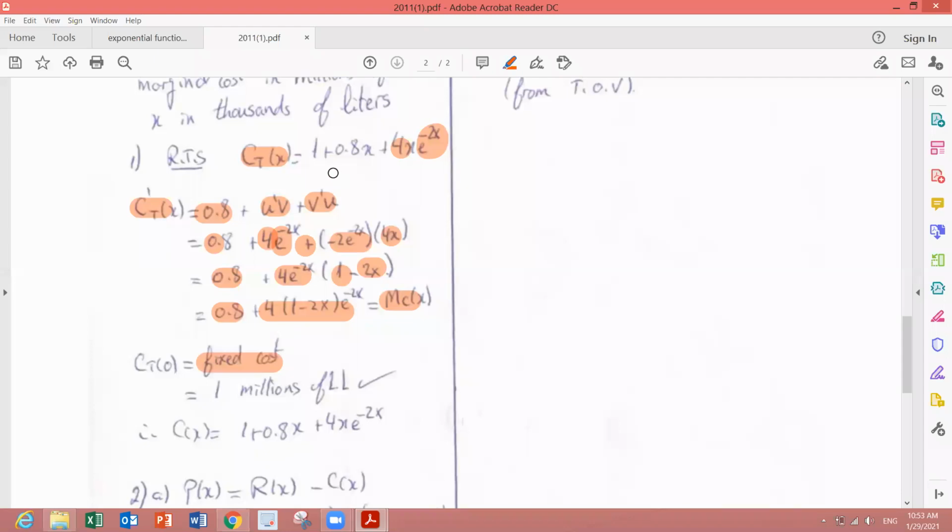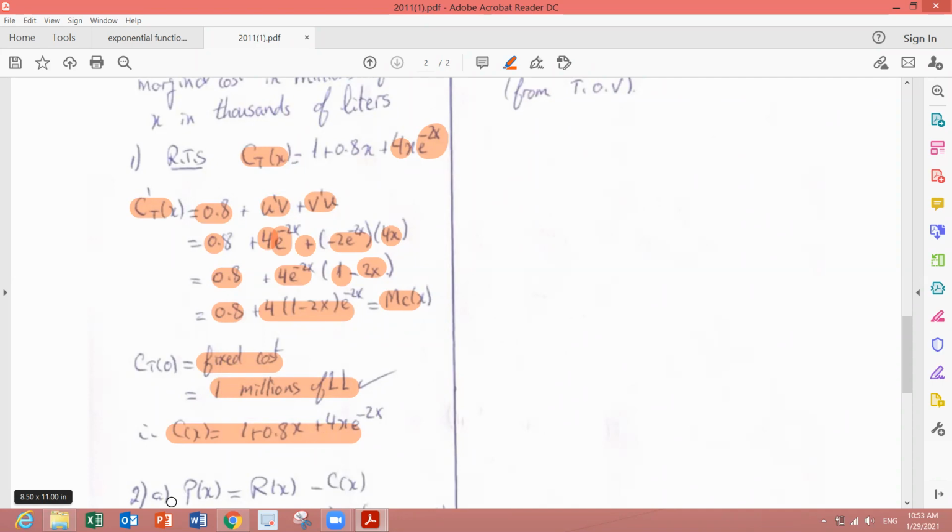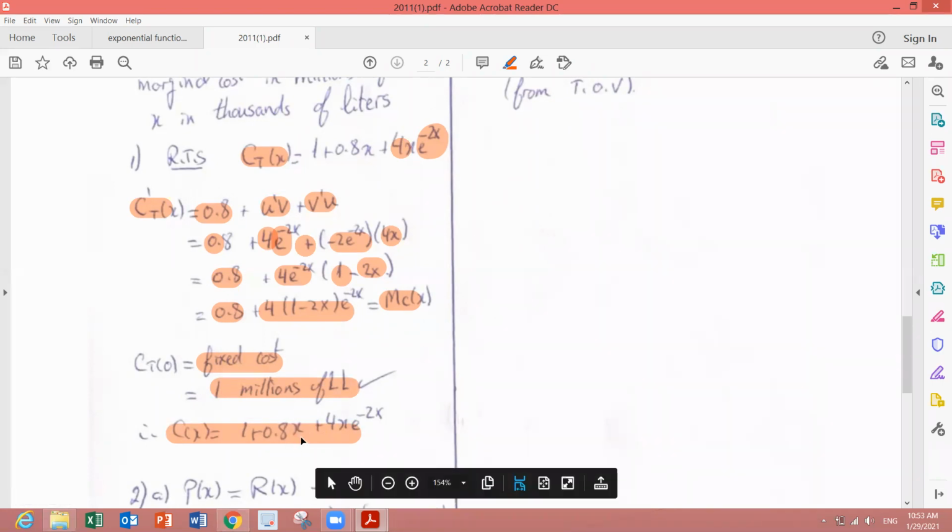If we replace x with 0 in the cost, this becomes 1, this is 0 and this is 0, so it is 1 million. It is true. So the total cost is 1 plus 0.8x plus 4x e power minus 2x.